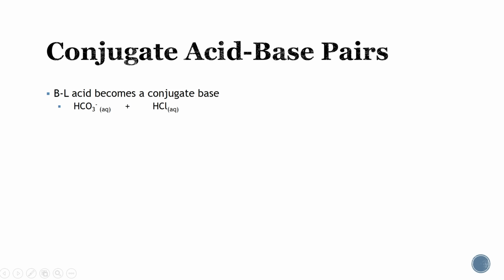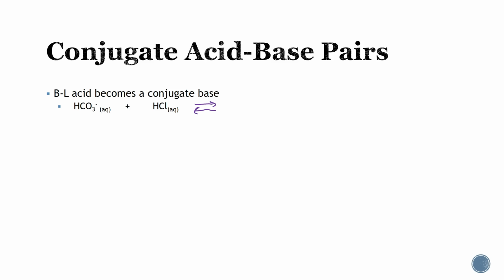So let's take a look at this. We have HCO3 minus and hydrogen chloride, aqueous. I'm going to draw my double arrows to indicate that this reaction could go either direction fairly easily.